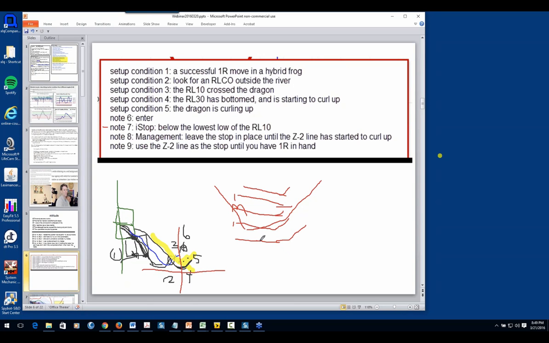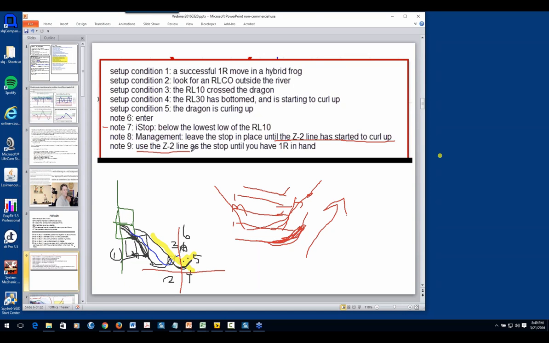And what we're looking for is when I see that little turn up, that means the Bollinger Bands have now started to follow the price, which is moving up. And I know that the price has moved a significant enough distance up that it's pulling the river with it. And that tells me it's no longer a noise move. The move is definitely up. And so we keep the stop in place until the Z2 line has started to curl up.